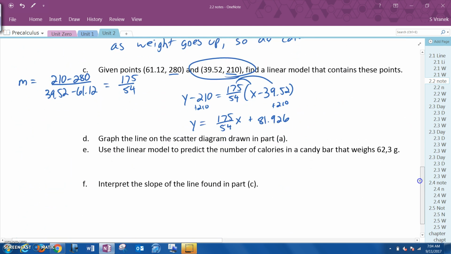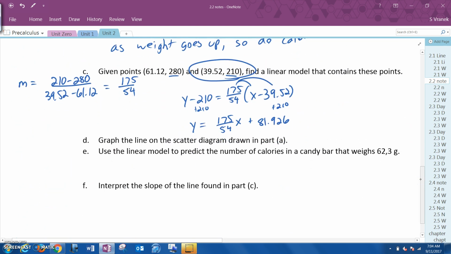All right. Use the linear model to predict the number of calories if the candy bar weighs 62.3 grams. So we can just put that in as our x. I'm going to input a 62.3.